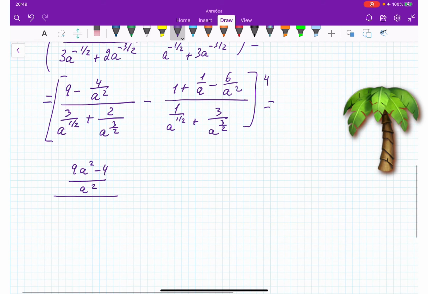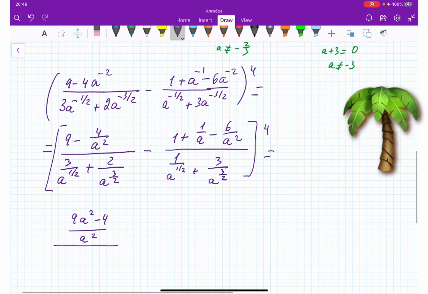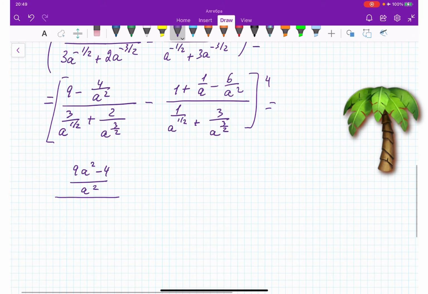The denominator is going to be the same way, so I'm not going to explain again. The common denominator is going to be a to power 3/2, which gives me 3a. Remember, we multiply and divide by a, plus 2, and minus.